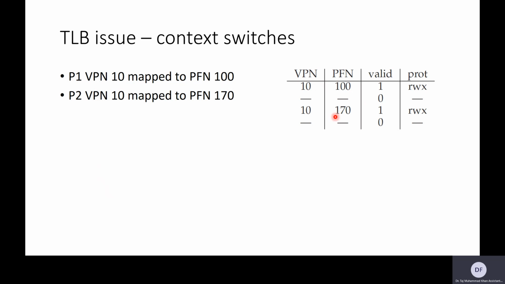Let's say one of these processes is currently running, and now it wants to access its virtual page number 10. It goes and looks inside the TLB. Now inside the TLB there are two mappings for virtual page number 10. How would this process know which of these entries is mine, so that I can take this frame number and convert my virtual address to a physical address?